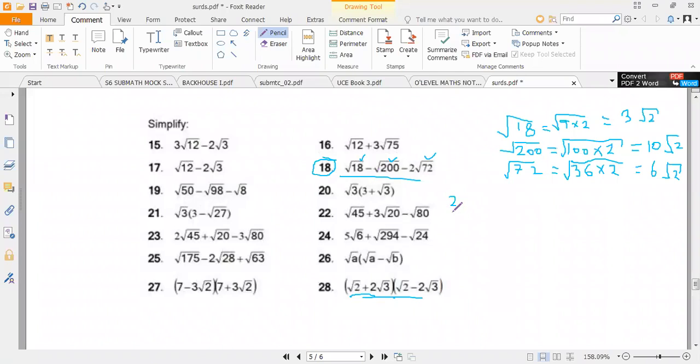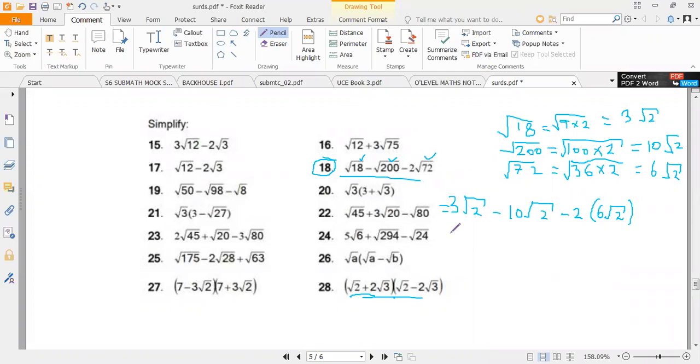So we shall end up having 3 root 2 minus the root of 200, which is 10 root 2. Yes. Then minus 2 times the root of 72, which is given by 6 root 2. Okay.